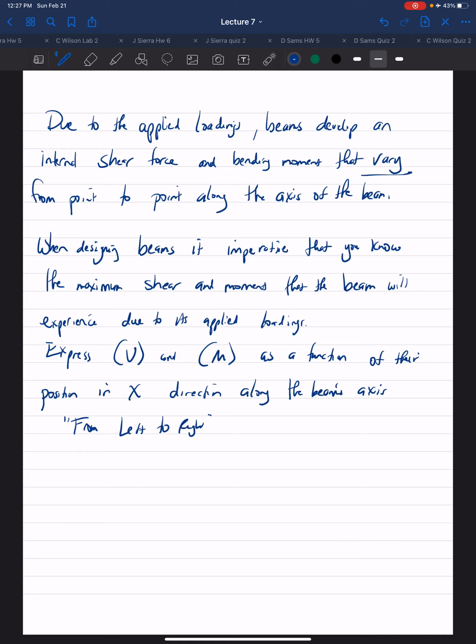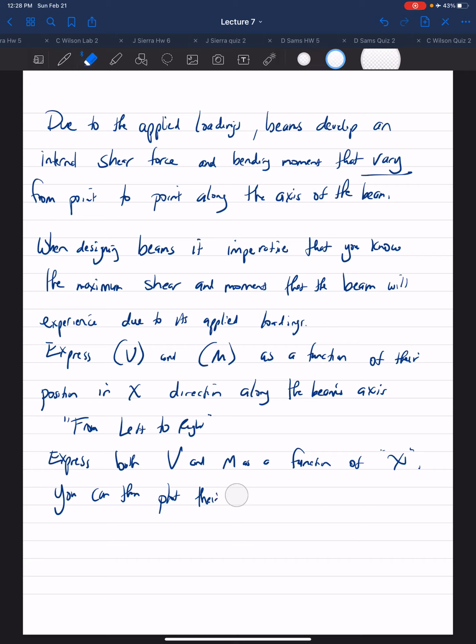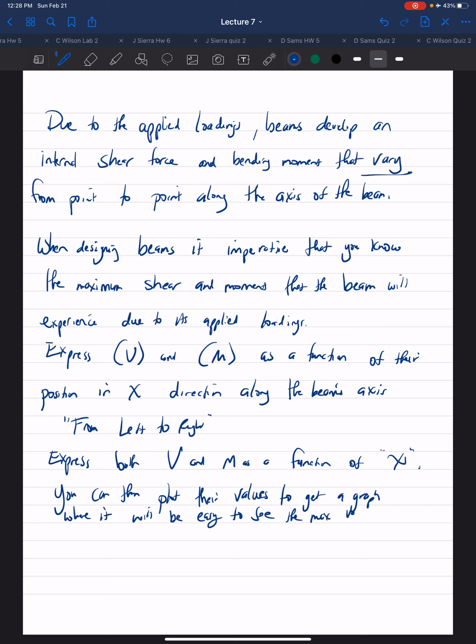So once you express both V and M as a function of their position x, you can then plot their values to get a graph where it will be easy to see the max values experienced.